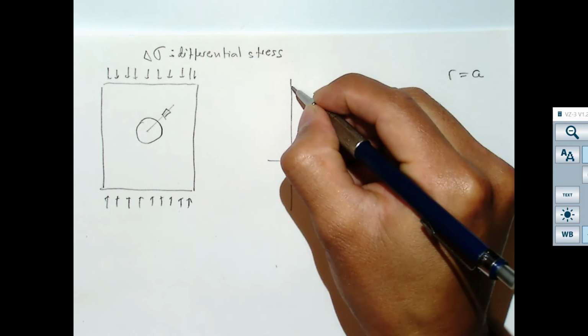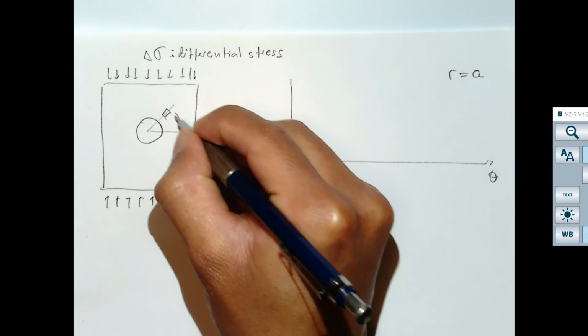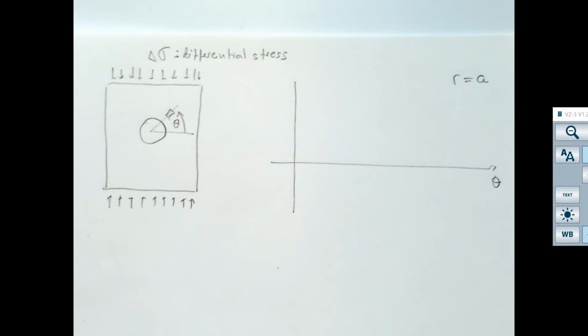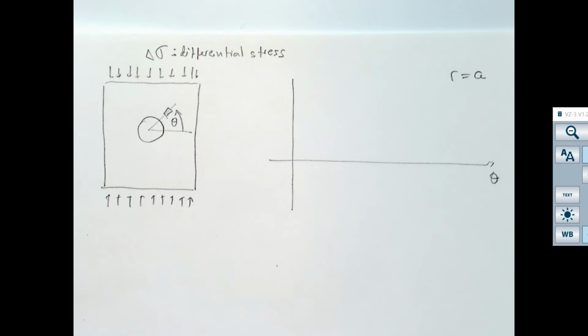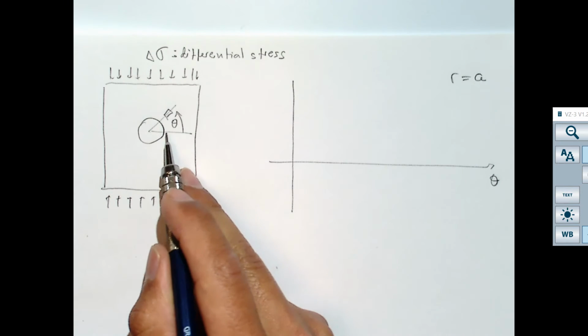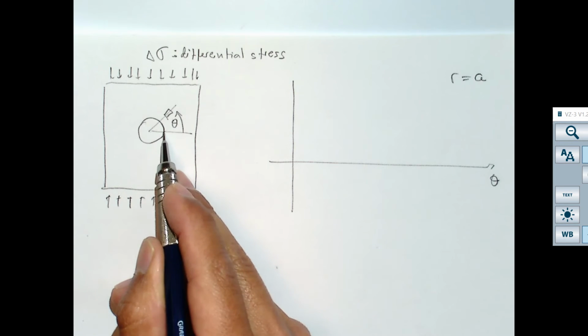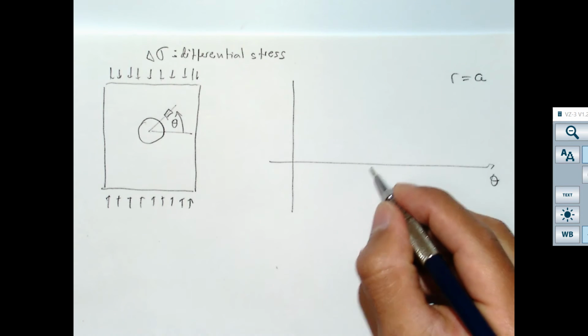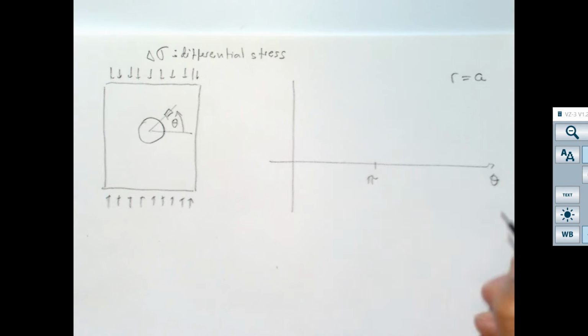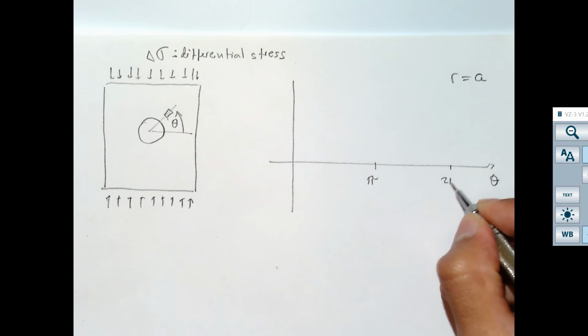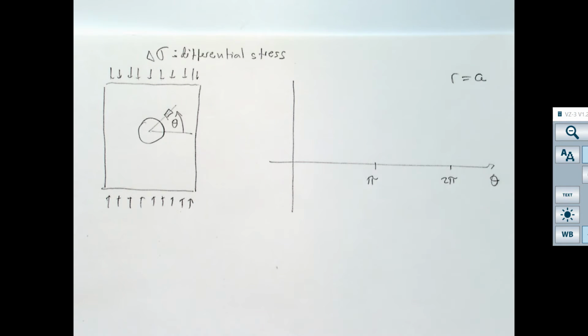Is it going to be the same as you go around the wellbore with an angle theta? Let's look only at the wall of the wellbore. At this location, when theta is equal to 0, what would you expect? Compression, tension, or a 0 value? What do you think? Compression.